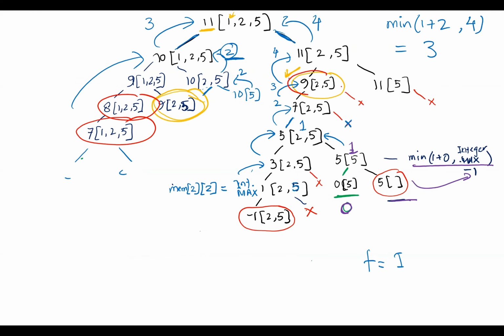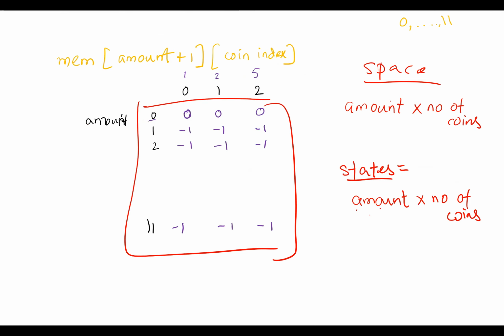If I'm calculating this, next time I'm not calculating this, I'm just using this result here to return. So every state is calculated once, and the number of states we have is amount times number of coins. So the time complexity is also amount times number of coins.